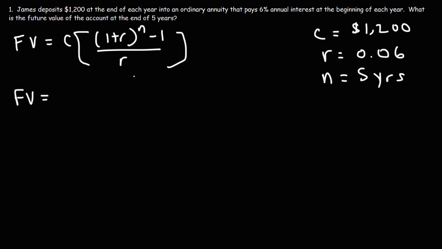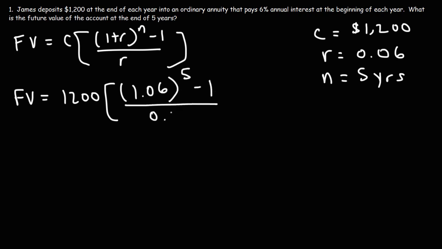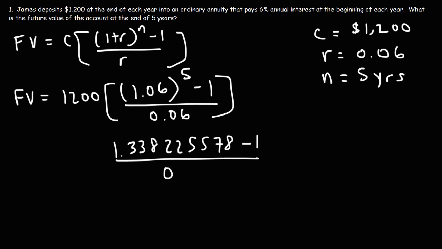So n is 5 years. So now all we need to do is plug in the numbers that we have into this formula. So C is 1200 times 1 plus r. So 1 plus 0.06, that's 1.06 raised to the 5th power minus 1, divided by 0.06. 1.06 raised to the 5th power, that's 1.3382255578. So let's subtract that number by 1, and then let's divide it by 0.06.